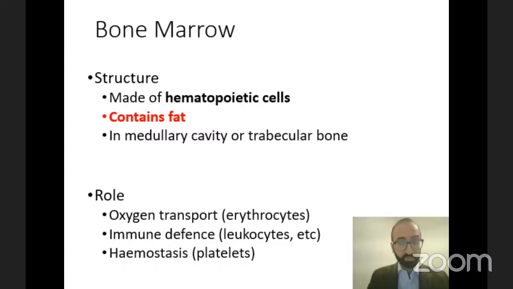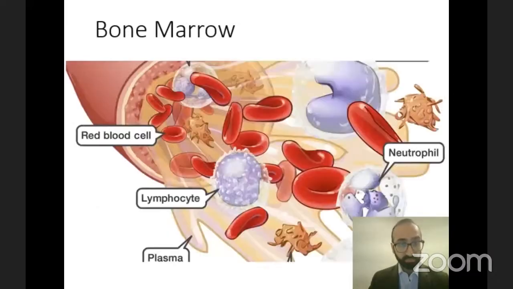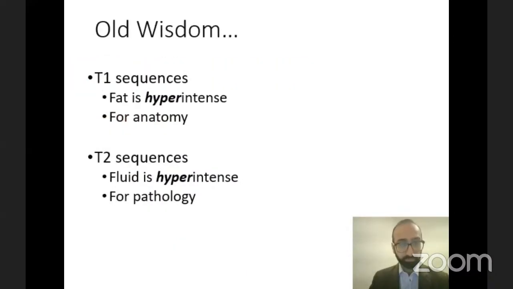It's got various roles. If you're making erythrocytes, it's supporting oxygen transport. It's producing leukocytes, so it plays a role in immune defense, and obviously we're making platelets as well, so that has a role in hemostasis. So those are all the different components your marrow is involved in producing.